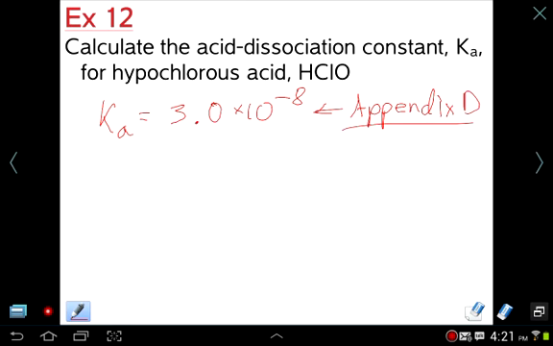However, we can make the same exact calculation if we had the Kb of ClO minus. Earlier in the notes, I'm going to cycle back real quick, I'll show you where it's at.